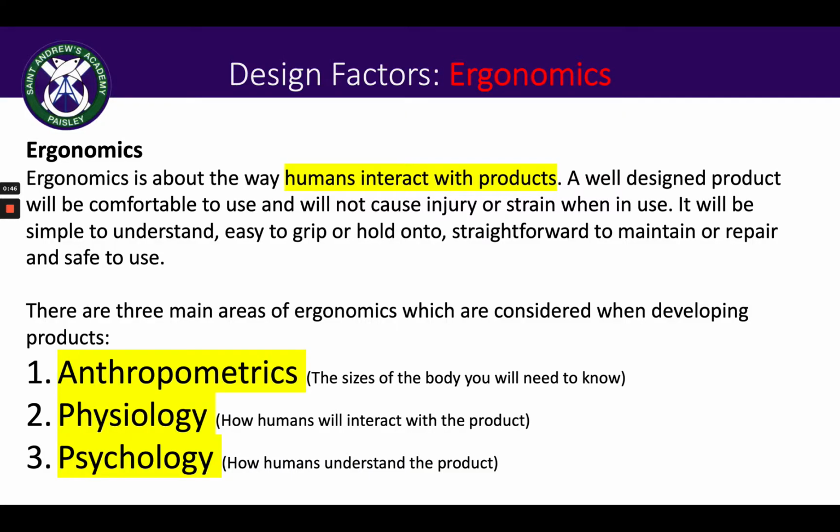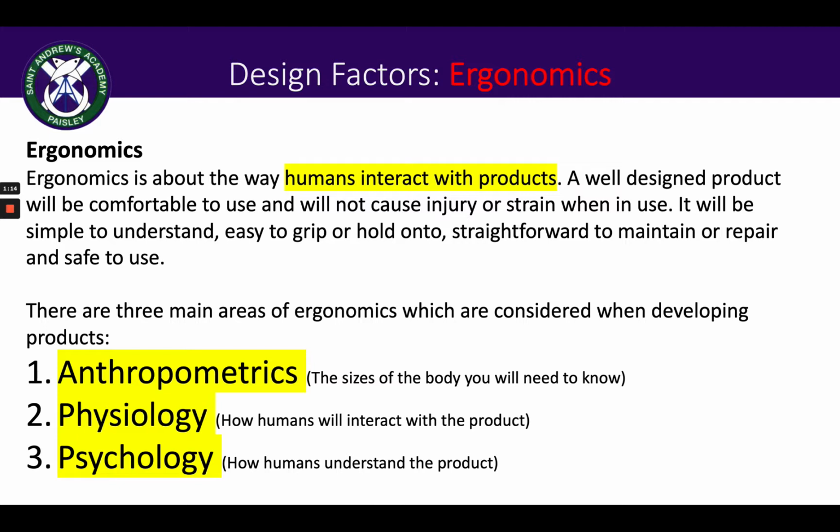So ergonomics is about the way that humans interact with products. A well-designed product will be comfortable to use and will not cause injury or strain when it's in use. It will be simple to understand, easy to grip or hold on to, straightforward to maintain and repair, and safe to use. There are three main areas of ergonomics which are considered when developing products. Now you need to know these three areas.